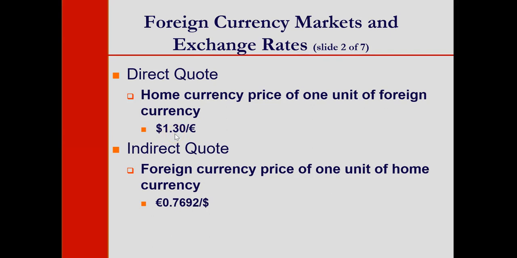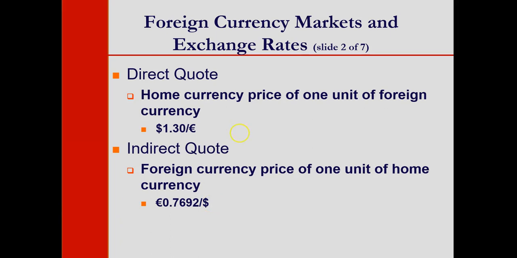If you take the reciprocal of 1.30, that is 1 divided by 1.30, this whole thing turns upside down. Now that will be euro in the numerator and dollars would be in the denominator once you take the reciprocal. So it becomes 0.7692 euros per dollar. Okay, this is called indirect quote.